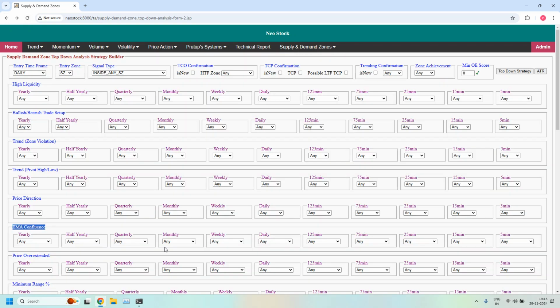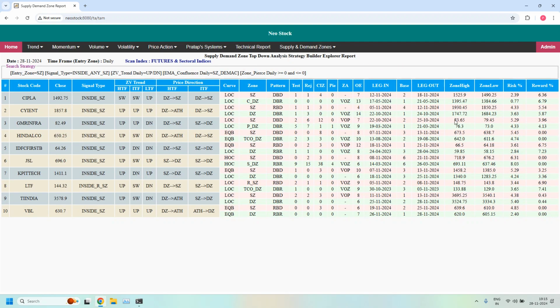So in the EMA confluence, at a daily time frame, daily supply zones are having daily EMA confluence. Filter is enabled, but the daily trend should not be sideways. That's why in the zone violation trend at a daily time frame, I am selecting up or down trend. With these filters, we got 10 stocks. Out of 20, these 10 stocks are having daily supply zones having daily EMA confluence.